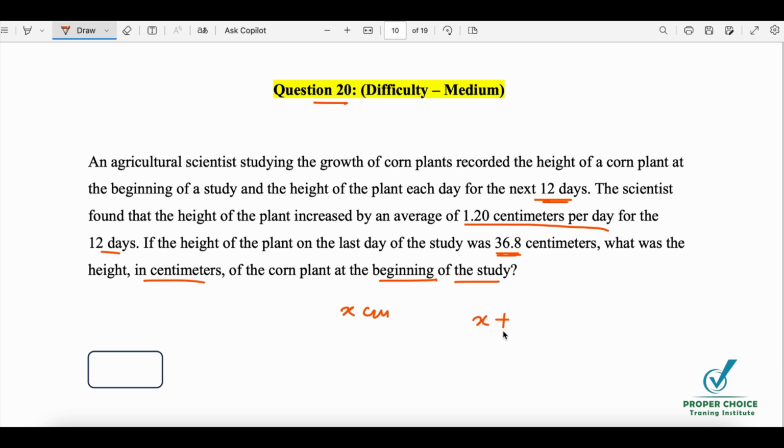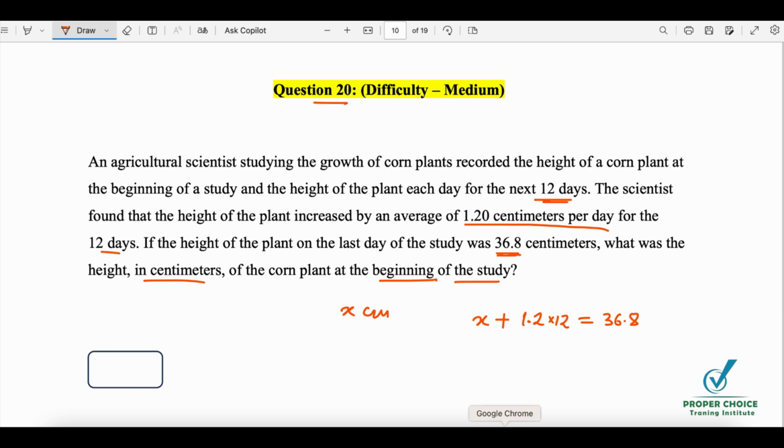Initial height plus each day the corn plant is increasing by 1.2 centimeters, that is 1.2 multiplied by 12, since it has been counted for 12 days. This represents the total present height of the corn plant, 36.8. So I need to solve for x.